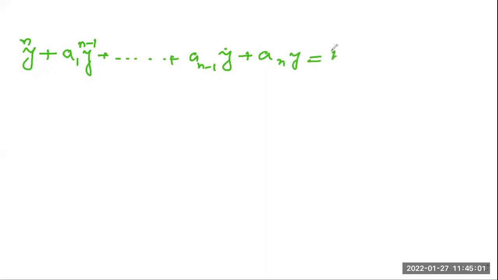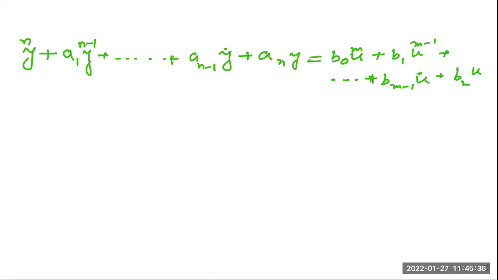Then equal to b0 into u to the power m, b1 u to the power m minus 1, and the last term is b_(m-1) u dot. This is b_m and this is u. Is it correct? Yes sir, it is correct.